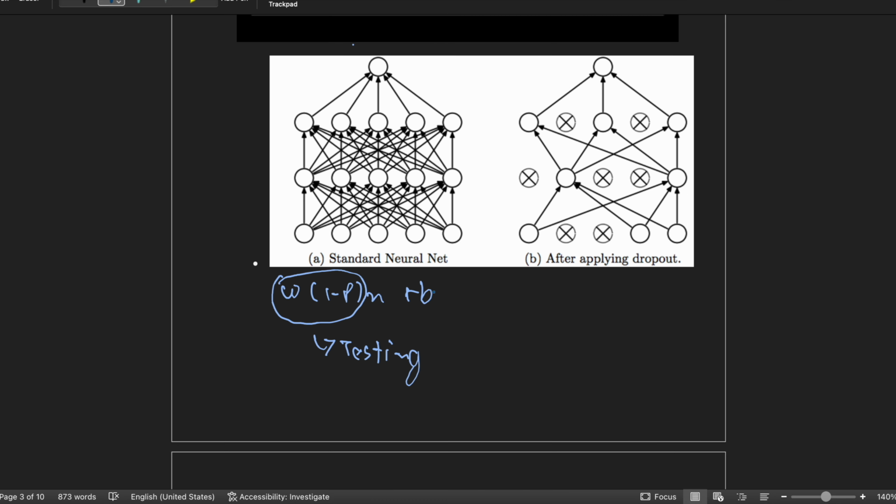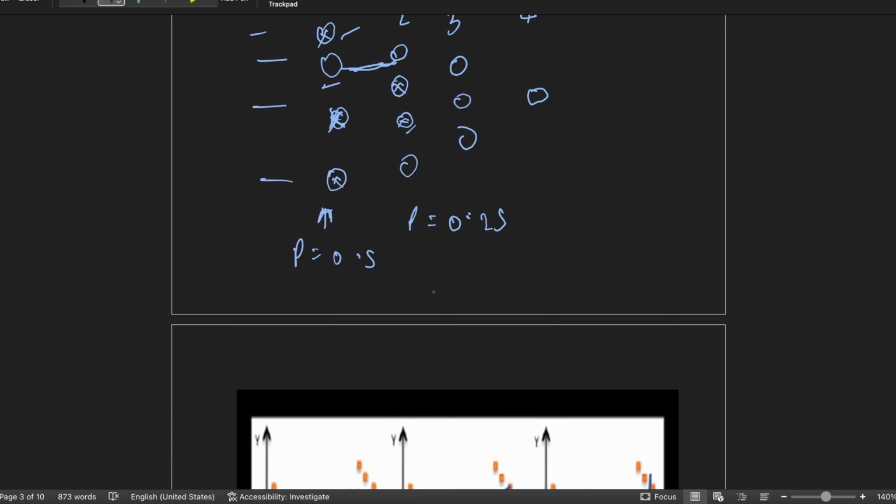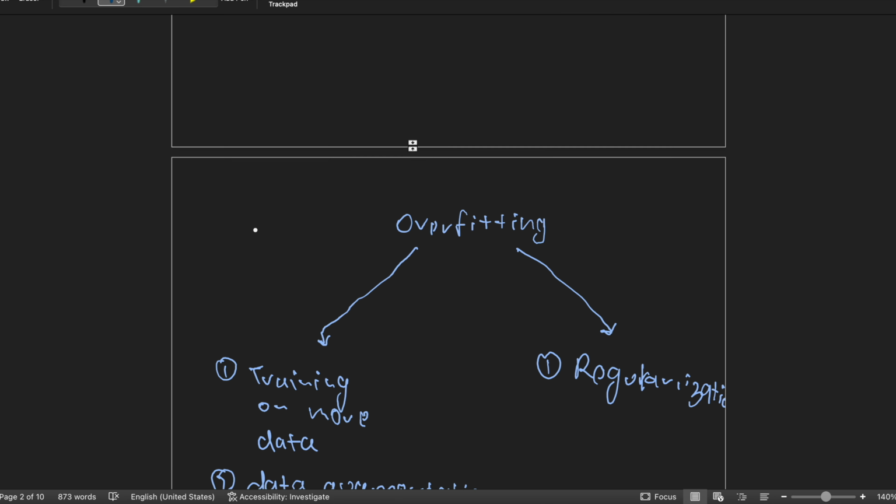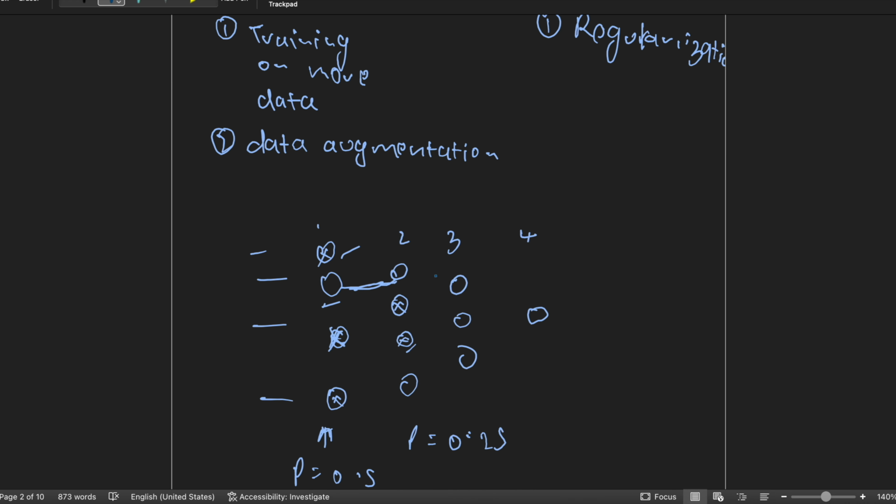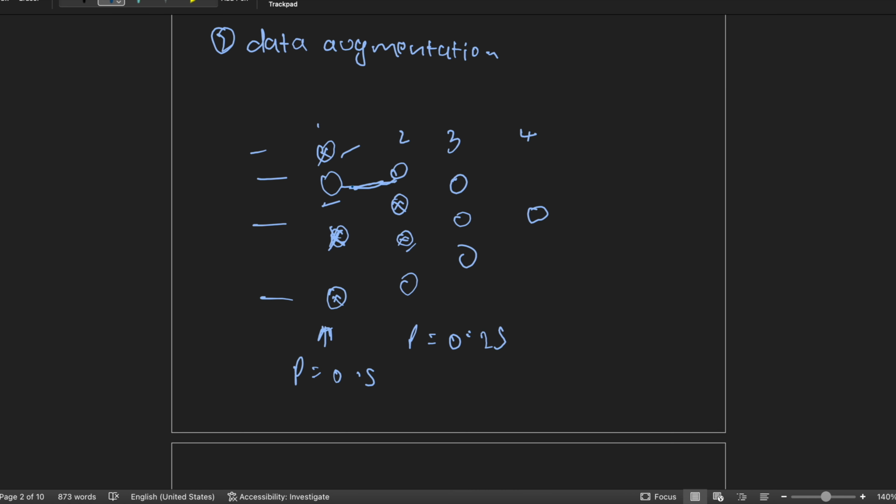So why does it work? I already told you why overfitting happens. Overfitting happens because we have made our neural networks too complex. So to reduce the complexity, we have to try to reduce the weights. Basically, we have to try to eliminate neural nodes from the hidden layer. How can we do it?